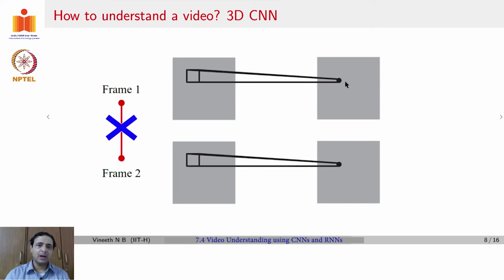Unfortunately, when we apply convolution this way, the two frames are not connected and you're not sharing any information between the two frames. However, when you do video understanding, the core idea is to be able to pass information or combine information from multiple frames to make a prediction, if it was a classification problem, for instance. So how do we do this?